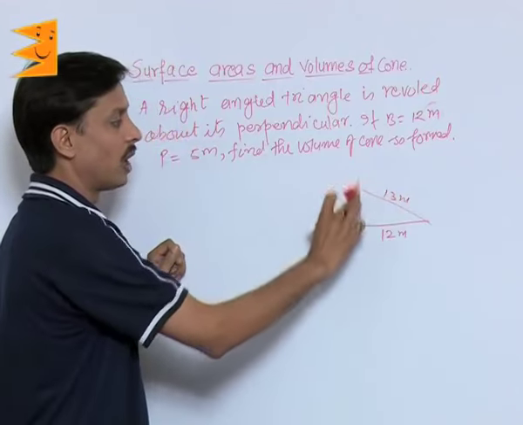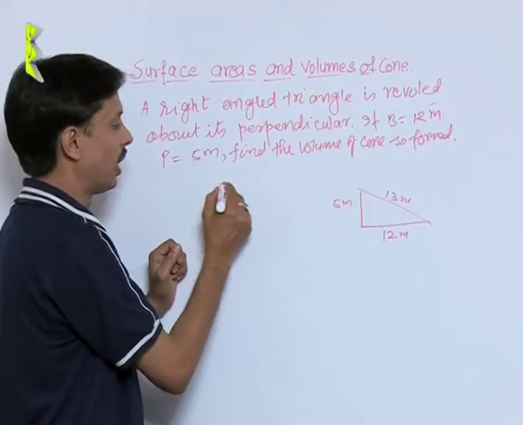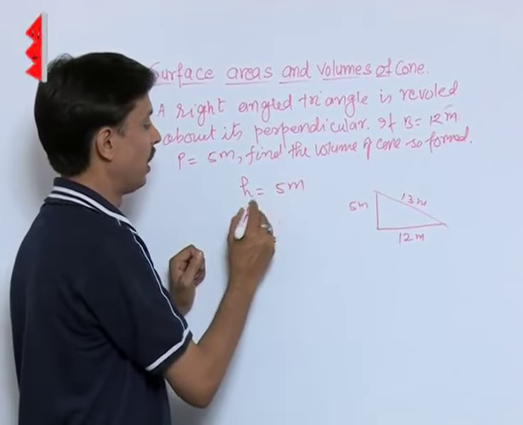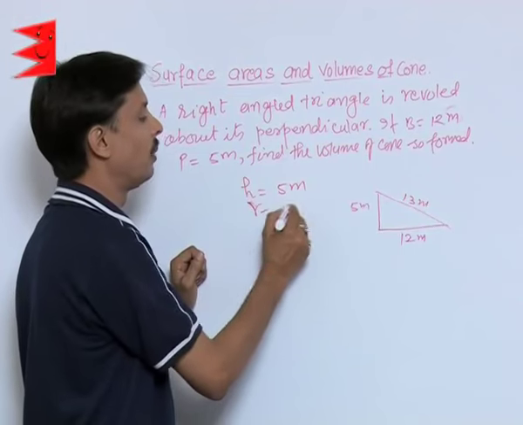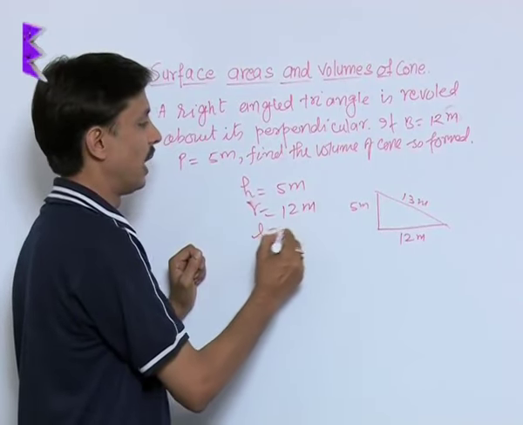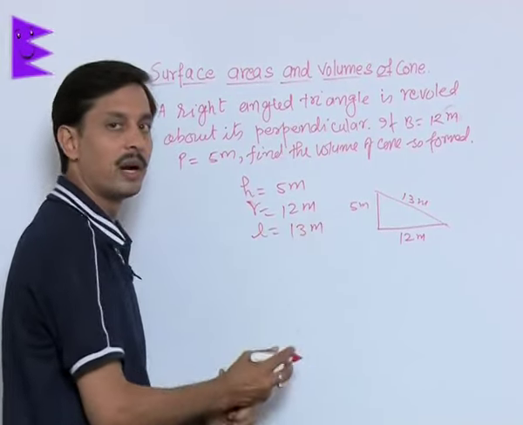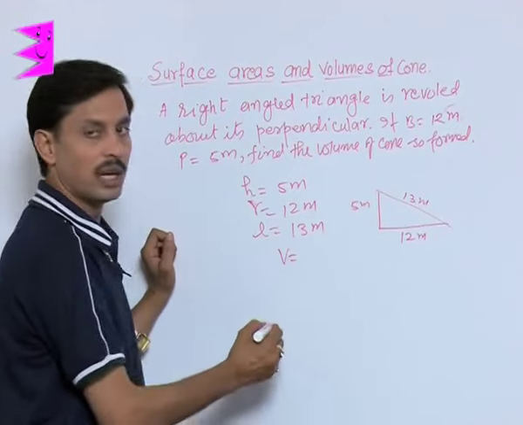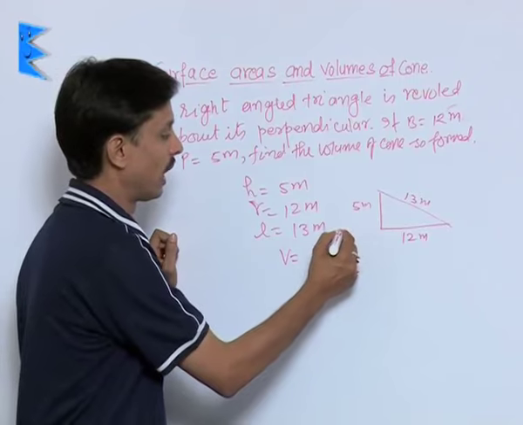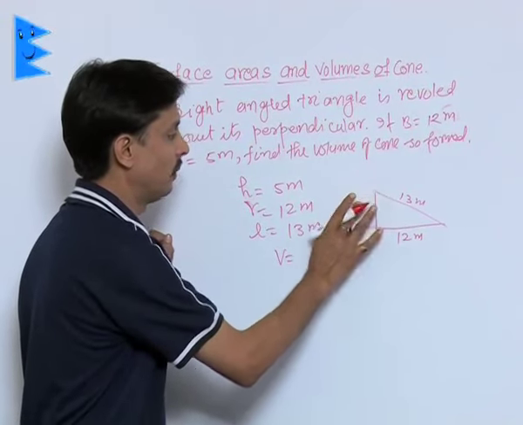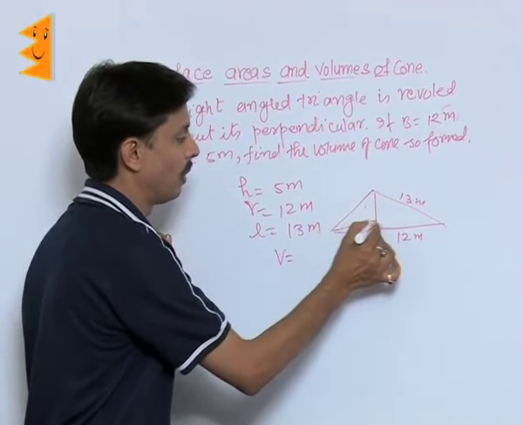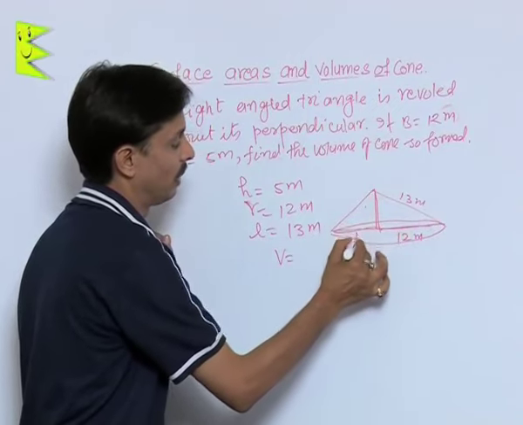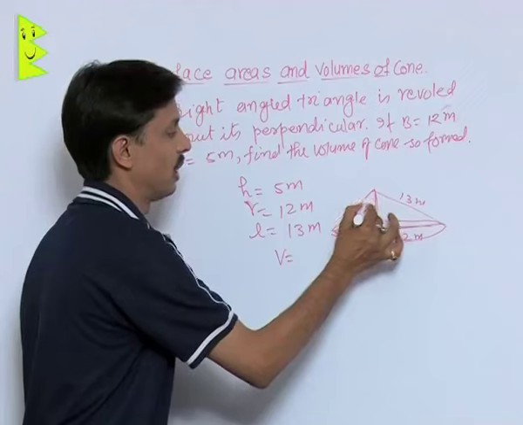It is revolved about its perpendicular, so the height of the cone is 5 meter, the radius of the cone will be 12 meter, and the slant height of the cone, if required, will be 13 meter. They are asking to calculate the volume. After rotation, the shape of the cone will become like this: 12 this side and 12 this side, and height is 5 meter.